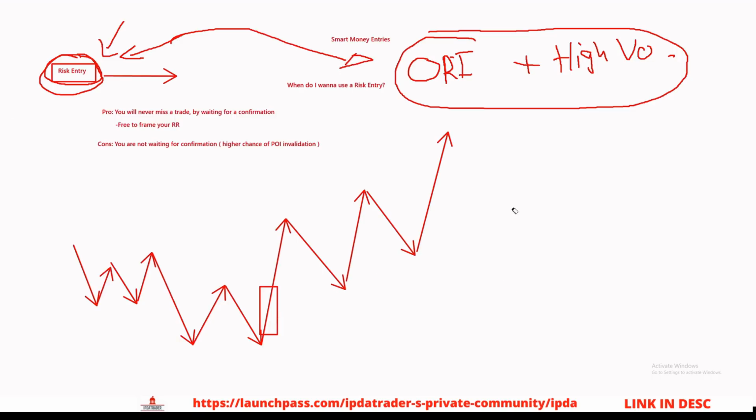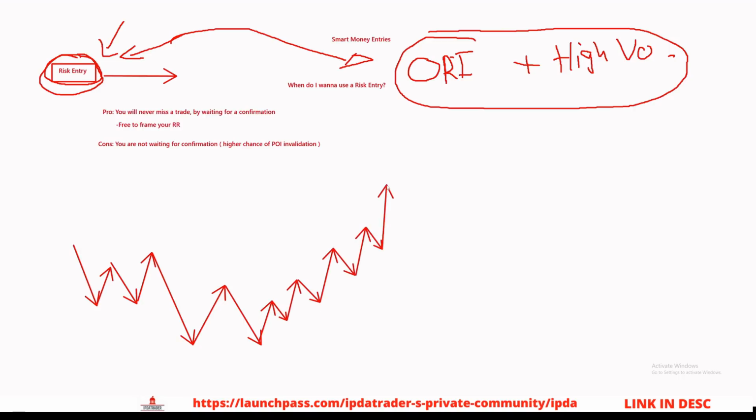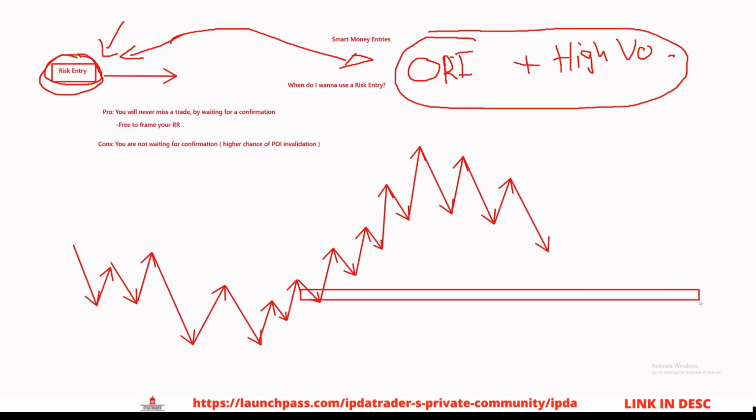As an example, let's get some things ready over here. Let's say this is once again your market, whether that is your USD, GU, GJ, doesn't really matter, right? And let's say you're looking at multiple POIs right over here.